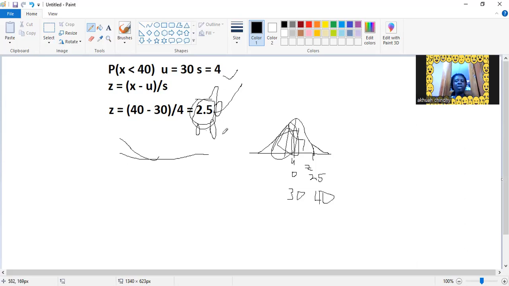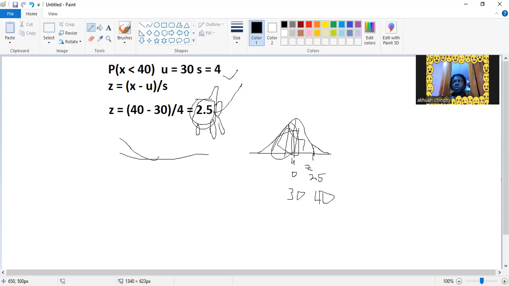When you add this to this, we see that we still get 2.50, right? So what we are seeking at this point is that you first read the 2.5 from the table. You look for it on the table, 2.5. Then you look for 0.00, which is the digit after the decimal place.